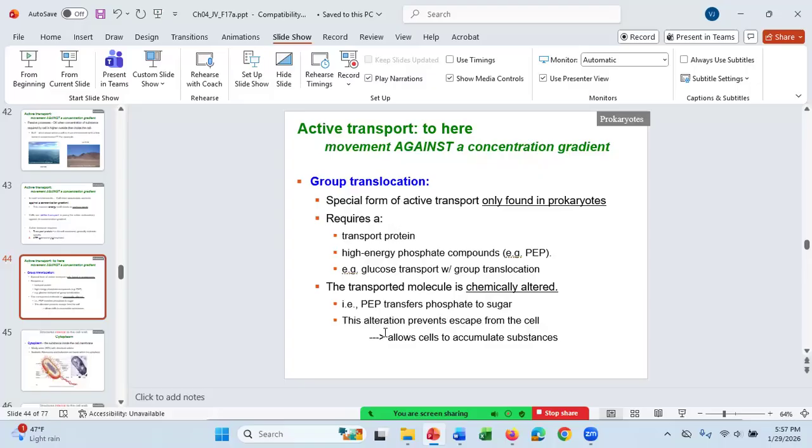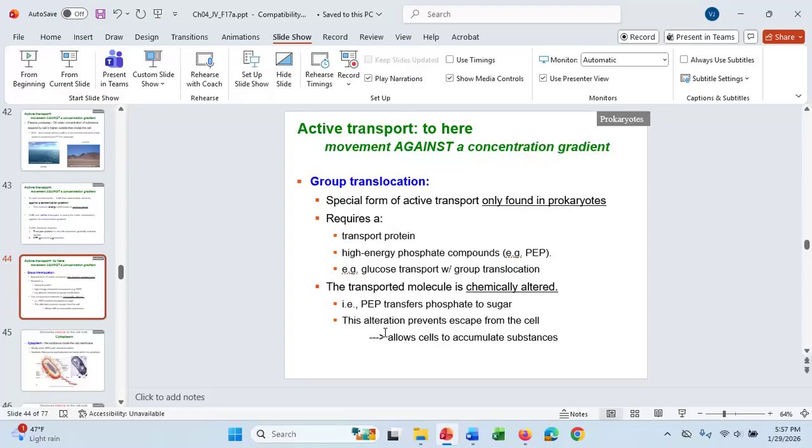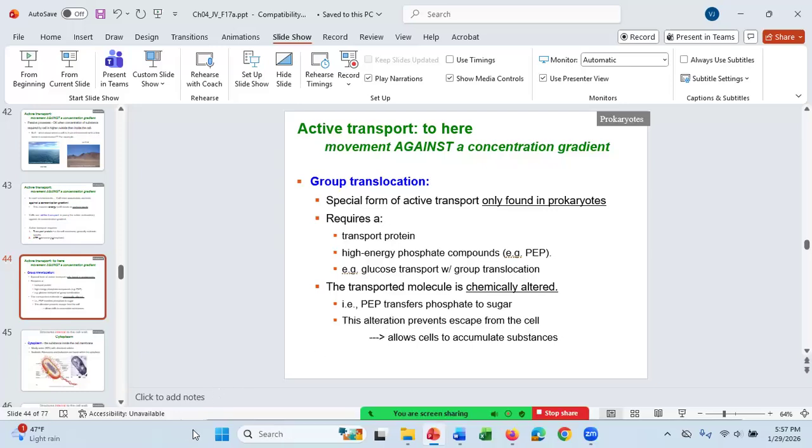The alteration of the molecule moved by group translocation is thought to help prevent the escape of the molecule from the cell and allow the cell to accumulate substances more easily than if the molecule were transported by active transport alone.